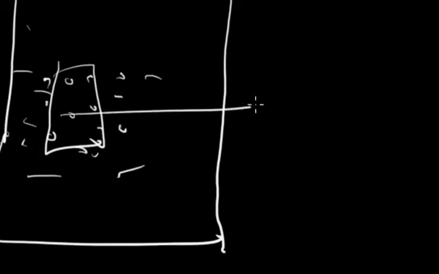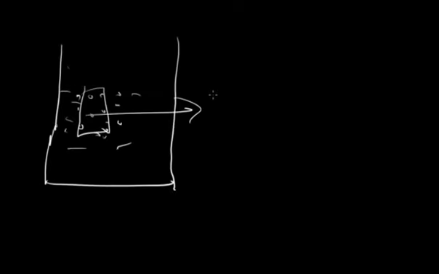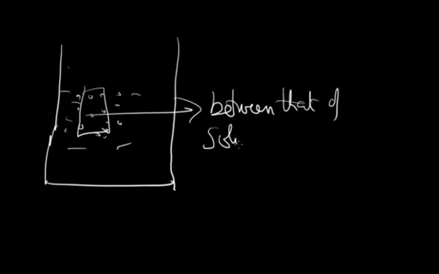This is the water, and you can see that the intermolecular force of attraction is between that of solids and gases, which simply means you may say that it's something like an average of that kind of force between solids and gases.